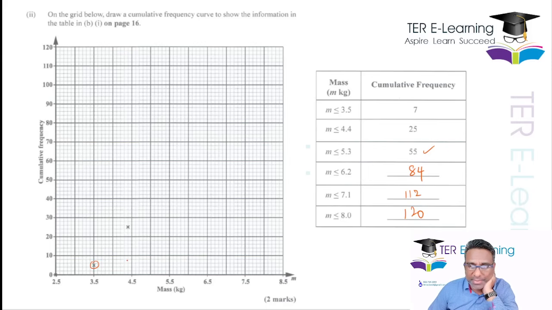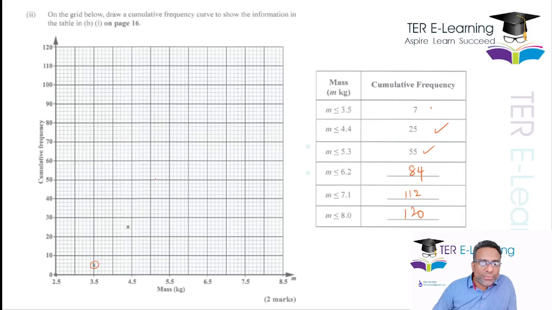Based on what I'm seeing here, the second point, 4.4, looks like it's plotted incorrectly, but the third one is okay. The next one is 5.3 against 55.